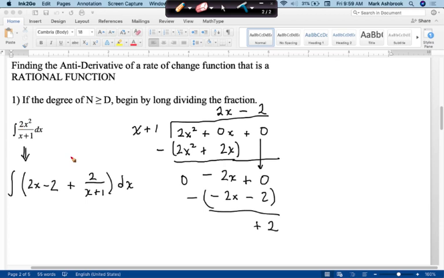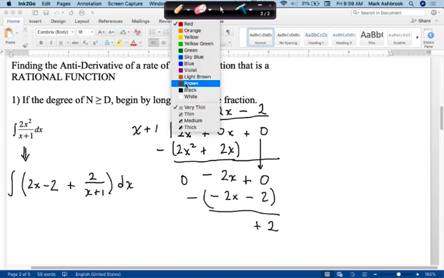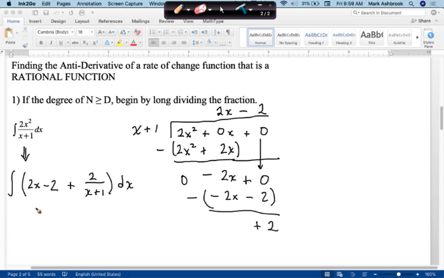Okay, so now continuing with the problem. Can we do this now? Did long division help? Definitely. So this is a piece of cake now. 2x, antiderivative, x squared.